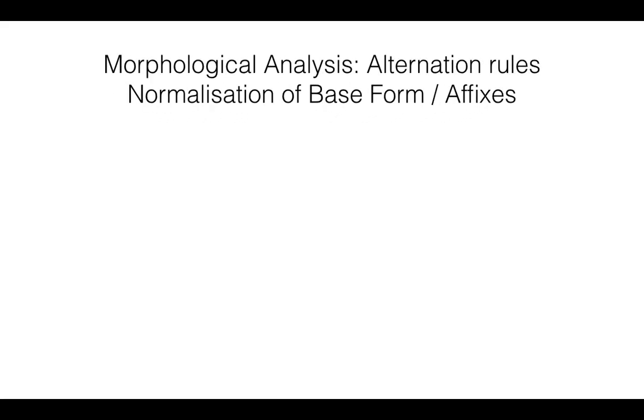Now we go into the next step: trying to determine the alternations, or the alternation rules. What's going on here? We have to explain why the plural S is sometimes pronounced S, sometimes Z, or sometimes is. Why?